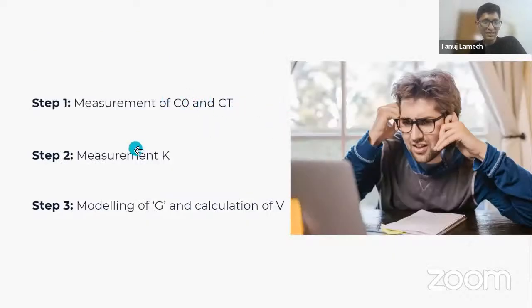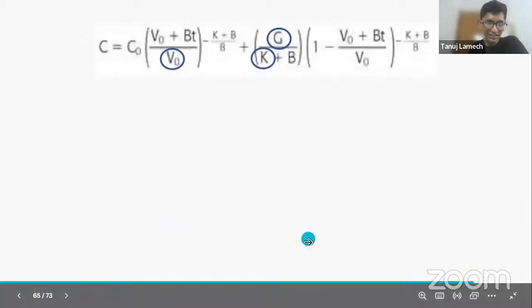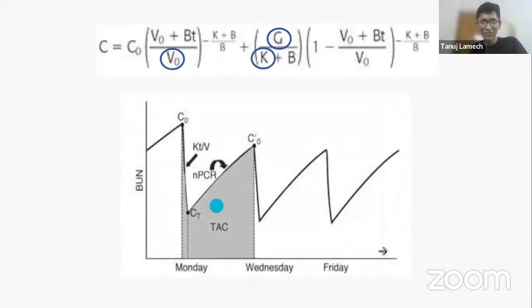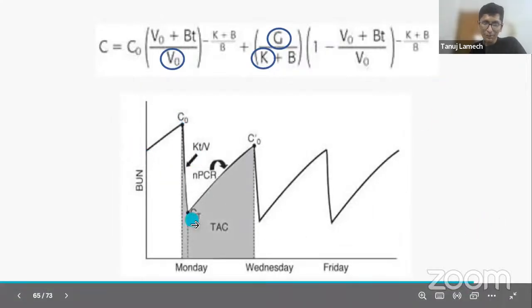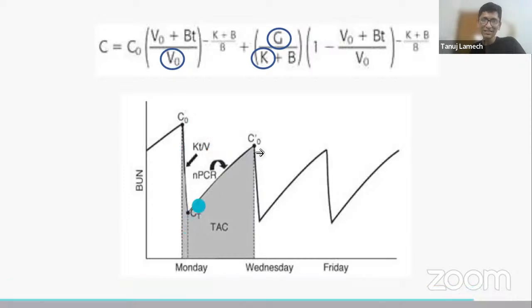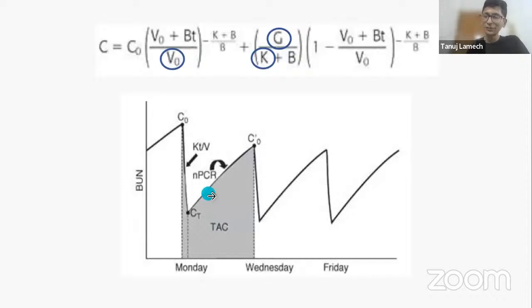We've measured C0 and CT, we've measured K, and we've done the three corrections. We've modeled G and we've calculated V. So now you have those three things which you did not know in this equation, and therefore you're able to draw your graph. The drop determines KT over V. The rise determines your G, which is related to NPCR, which is related to your protein intake, and therefore your nutritional parameters. So this is urea kinetic modeling, and this is done by the computer.